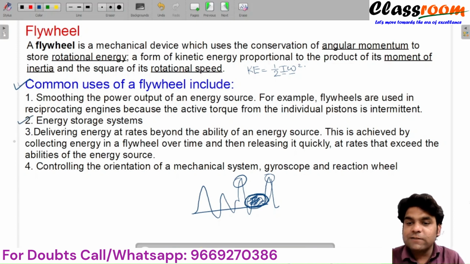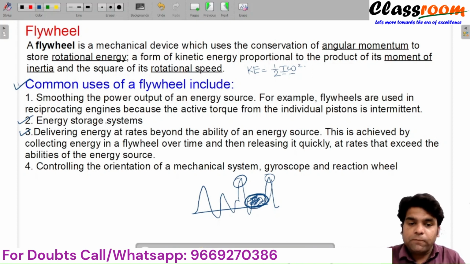Flywheel is used to store the energy. Definitely it is storing the energy when it is available in excess and supplying it again to the system when the system needs the energy, delivering the energy at rates beyond the ability of an energy source. Many times it happens that we need a large amount of energy, and this energy is stored in the flywheel. Flywheel continuously stores energy in it, and whenever we need it, we suddenly move the energy from flywheel to the system.